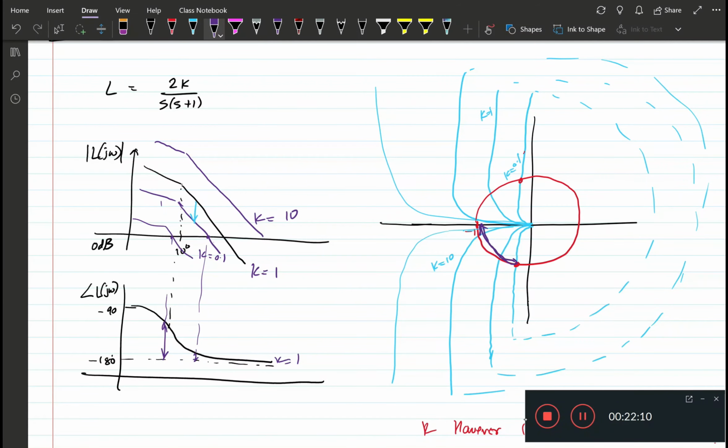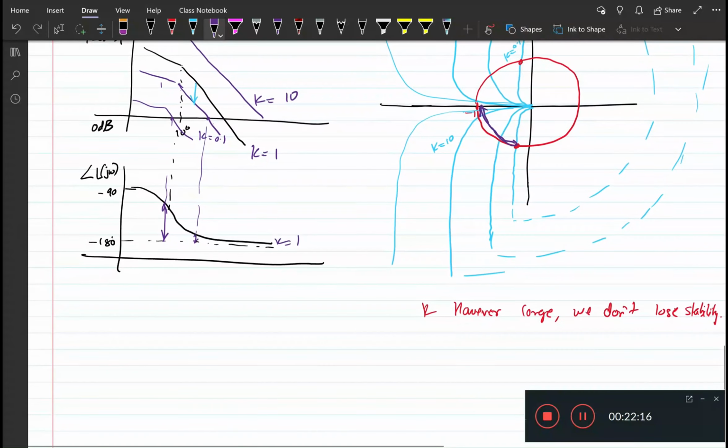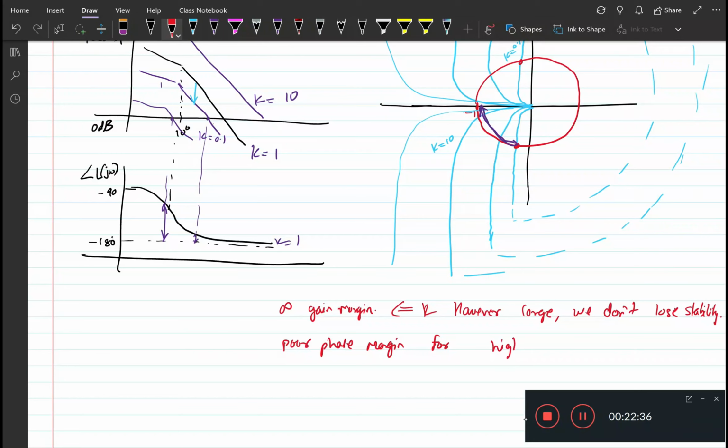The gain margin in this case is infinite, because we can scale this, as we just said, however large, and we would still have stability. So that means we have infinite gain margin, but poor phase margin for higher values of k.